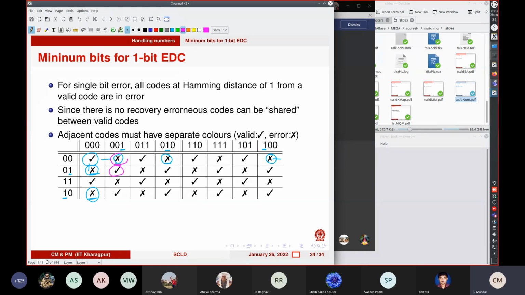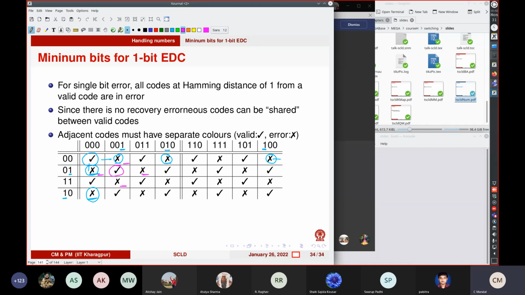This one is adjacent, this one is adjacent, this one is adjacent, this one is adjacent, and so this is 0, 1, 1.